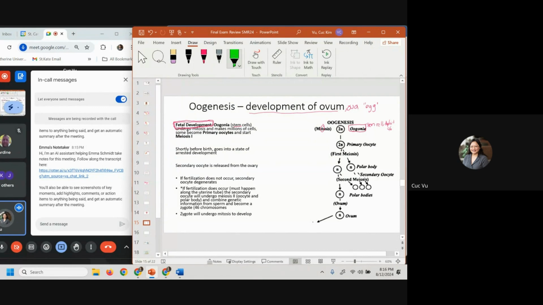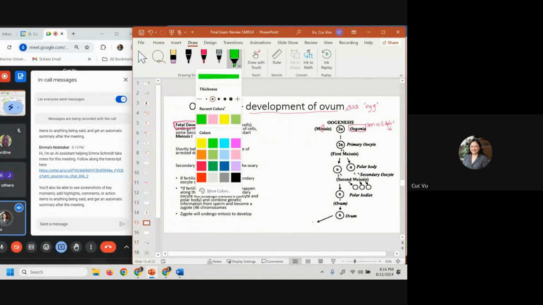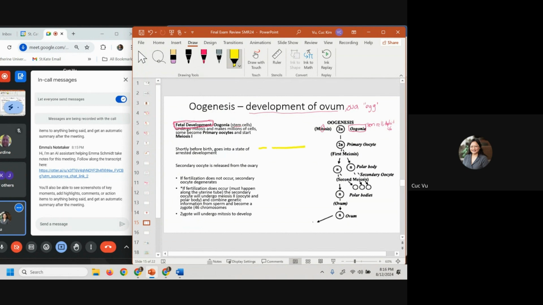Let me draw a line so that you can see the difference. This yellow line right here represents what happens before she's even born. This is when the female is still in her mother's womb. So the process of oogenesis begins with mitosis.